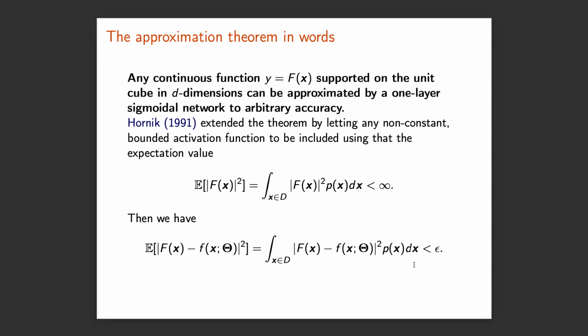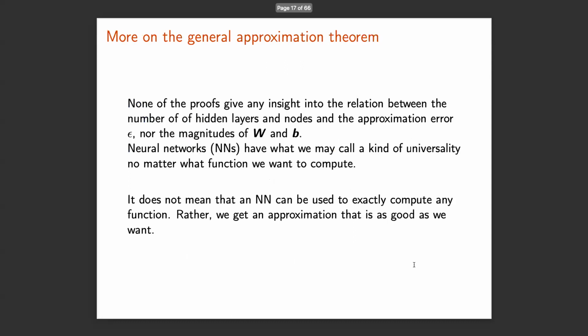So these are fundamental theorems. We are not going to prove them, we will just cite them. What you should keep in mind is that none of the proofs give any insight into the relation between the number of hidden layers and nodes and the approximation errors, nor the magnitudes of the parameters W and B. They give a kind of universality, no matter what function we want to compute.